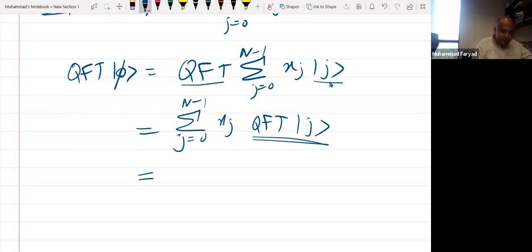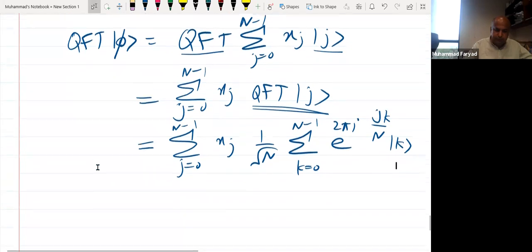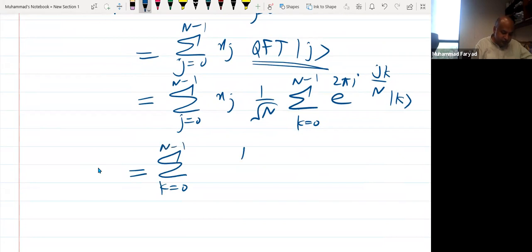Now this we can replace using the definition that we have proposed. So this is 1 over square root of n, sum over k from 0 to n minus 1, exponential 2 pi i jk over n, ket k. Let me now take this sum over k outside and everything else inside.